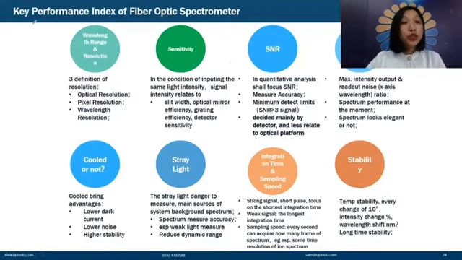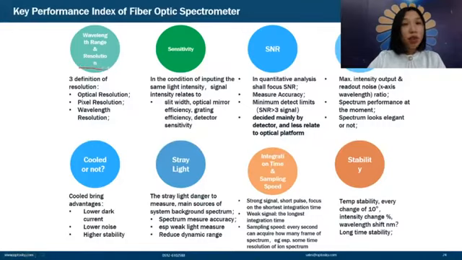Firstly, we need to introduce the core performance parameters. We introduce 8 important parameters that can decide the spectrometer's performance.